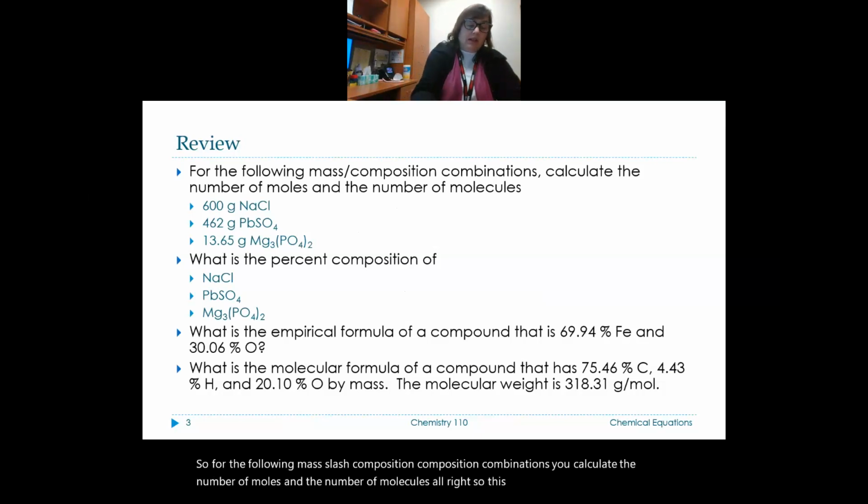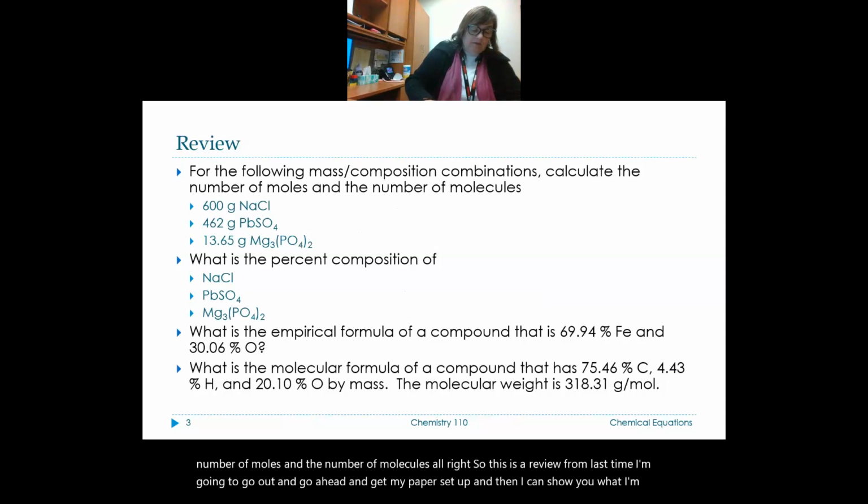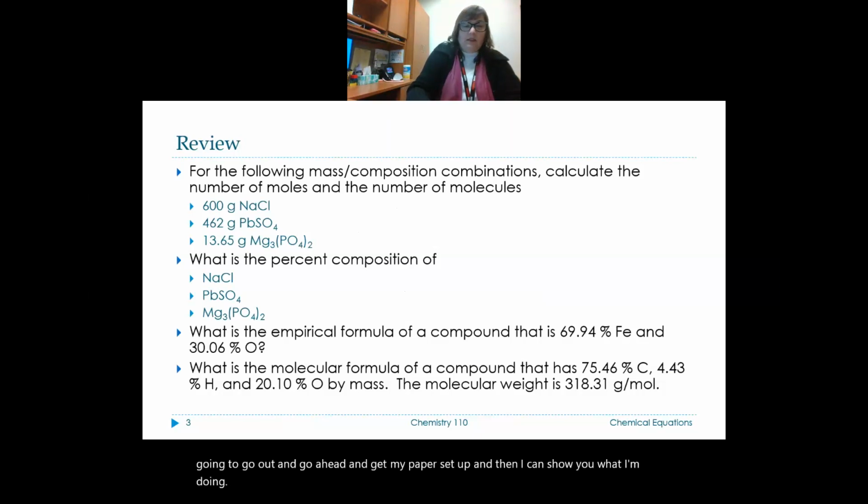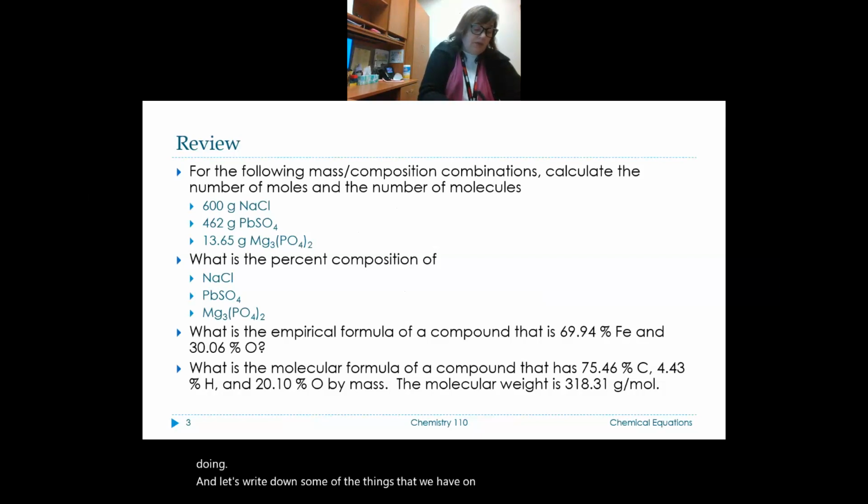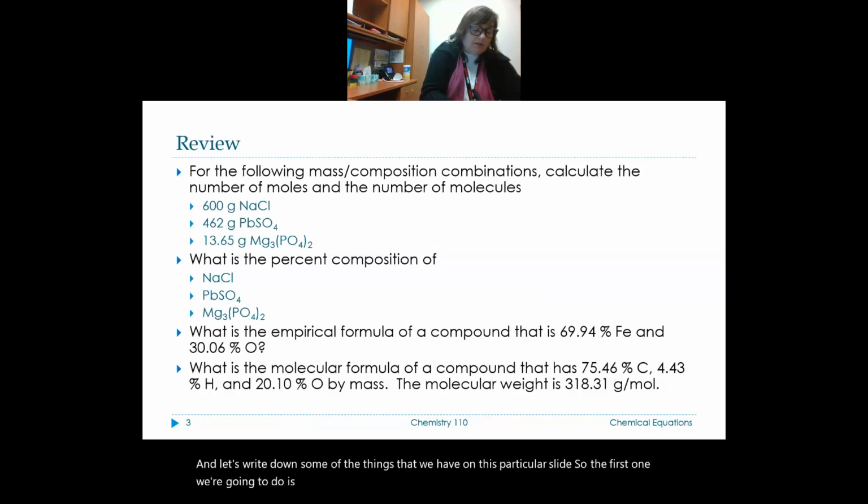I'm going to go ahead and get my paper set up, and then I can show you what I'm doing. And let's write down some of the things that we have on this particular slide. So the first one we're going to do is 600 grams of NaCl.